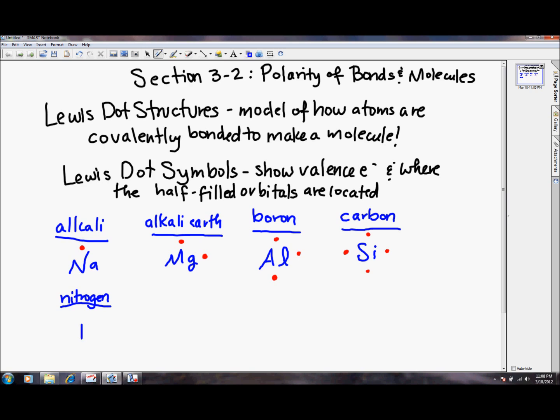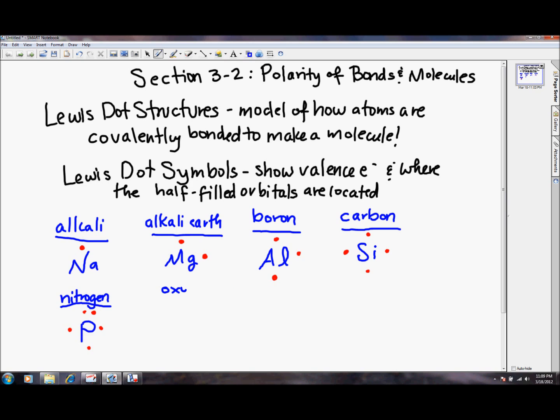For the nitrogen family I'm going to pick the element phosphorus. Now these have 5. Now what does it look like? So you see it kind of looks like the elements have 4 sides that you could put valence electrons on. So here we're going to do 1, 2, 3, 4, and now I'm going to go around again, and this time we have a pair of electrons over here.